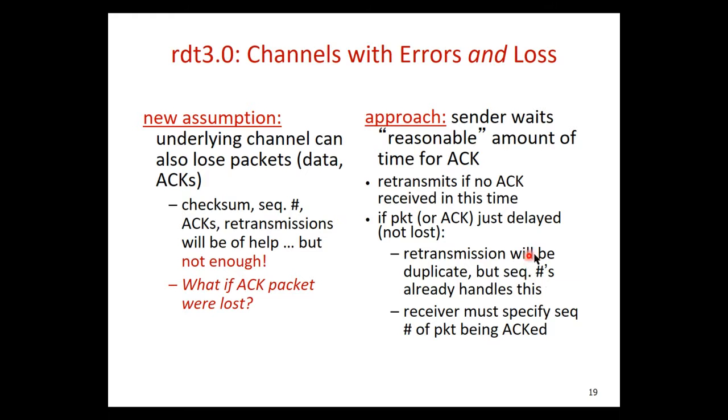Okay, so we are able to handle the duplicates. But the requirement here is that now the receiver must specify, when it sends back the ACK, the sequence number of the packet that is being ACKed. Okay, so it must say ACK of packet 0 or ACK of packet 1.